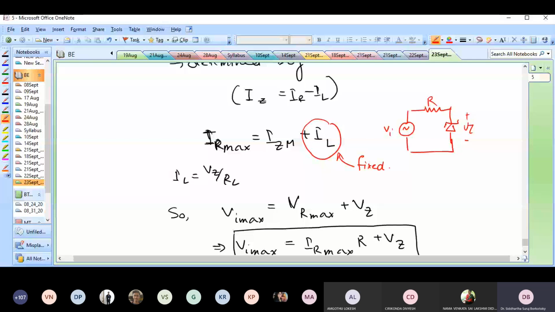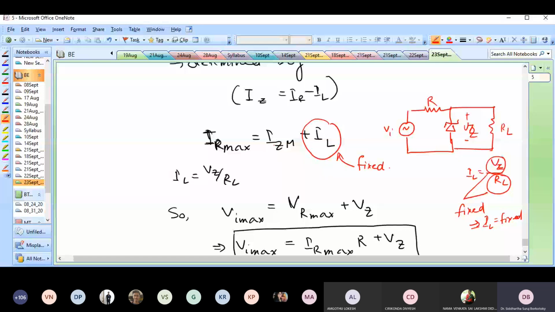IL is Vz by RL, assuming that the diode is on. Vz does not change, RL does not change, none of these change. These are all fixed, which means IL is also fixed. So this is the principle that IL does not change.